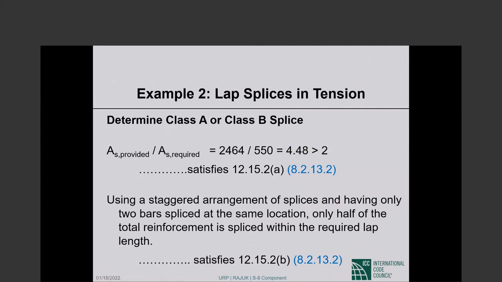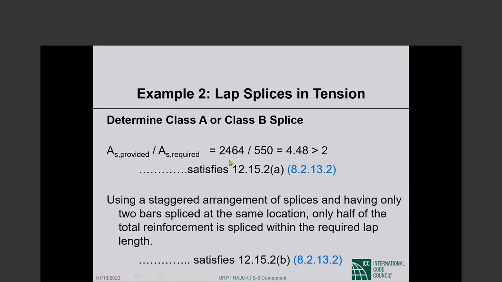So 4.48 is definitely larger than 2. Also, using a staggered arrangement of splices and having only 2 bars spliced at the same location, only half of the total reinforcement is spliced within the required lap length.